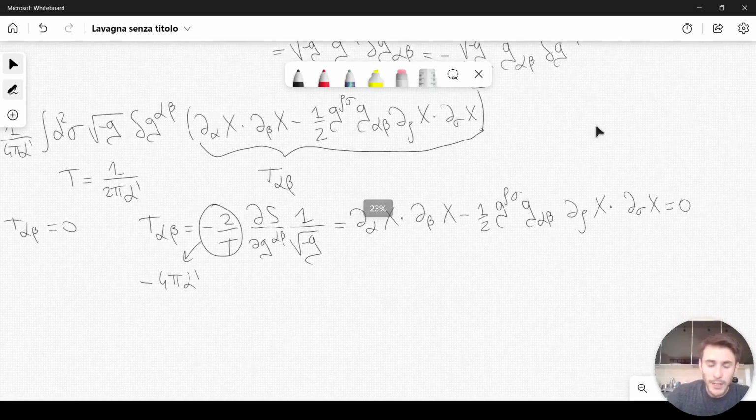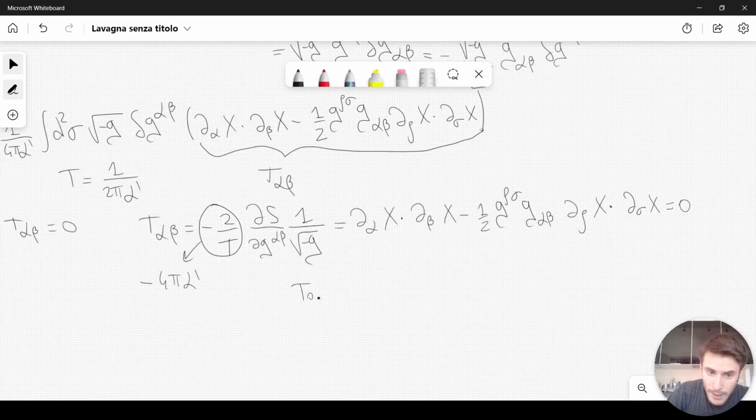And if we want to write the equations more explicitly, we can write T_{01}, for example, which is equal to T_{10}. And remember that α and β can only take two values. So α can either be 0 or 1. β can be either 0 or 1. So these two will be the same. And it's quite easy to calculate them. So for example, let's calculate T_{01}, and you can show that it will be equal to T_{10}.